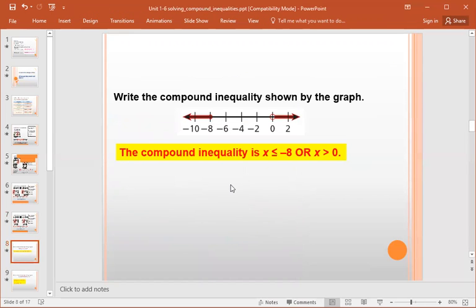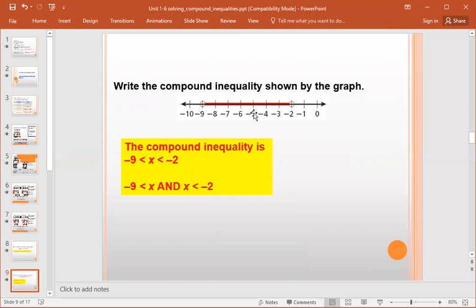So if we just wanted to write the inequality for this graph, we have the -8, it is less than or equal. So x is less than or equal to -8, or, because it's going in two different directions, x greater than 0.